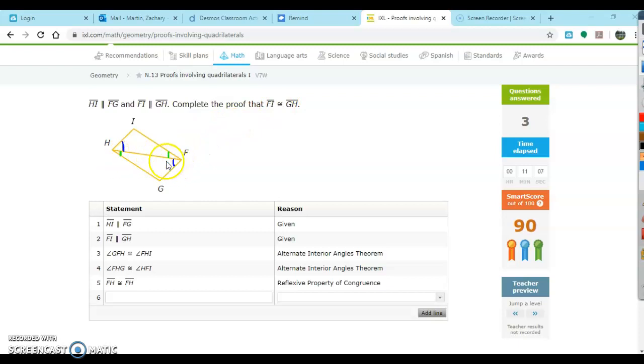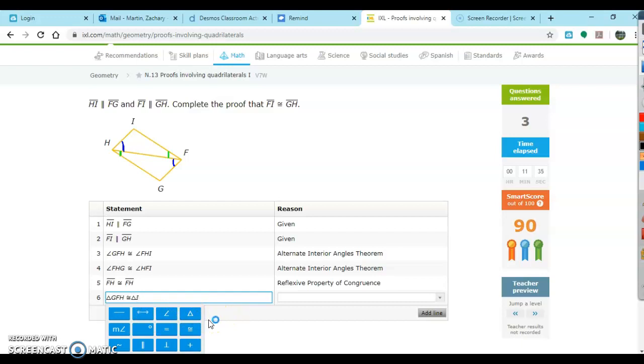Look at this. We've got angle, side, angle, angle, side, angle. We've got angle, side, angle congruence. How are we going to write this thing out? We're going to say triangle. Let's see here. We want to make sure we keep things on the up and up. So I'm just going to say triangle GFH is congruent to triangle, and then we're going to need to start with I. Okay, we want our corresponding parts.